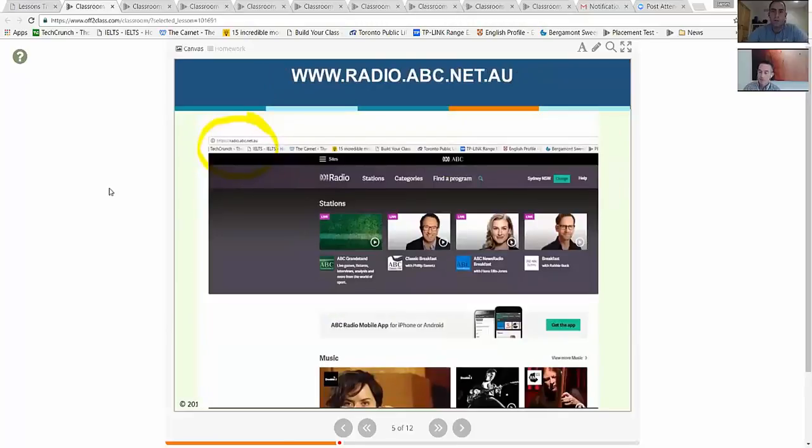I'm just going to point out a couple of great sites here, one from each of the accent areas if you like. So this is the ABC radio in Australia. There's a whole host of programs. They can listen 24 hours a day, and the streaming online is of a very high quality.